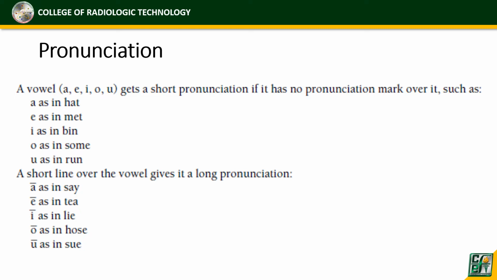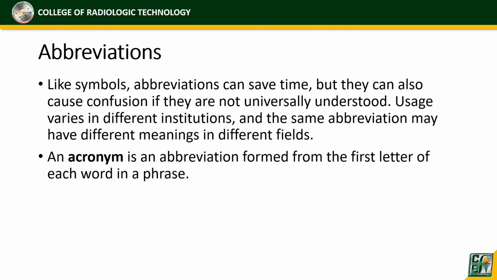On the other hand, a short line over the vowel gives it a long pronunciation: a as in say, e as in tea, i as in lie, o as in hose, u as in sue. So that is the pronunciation of vowels when we see the pronunciation mark over the vowels.